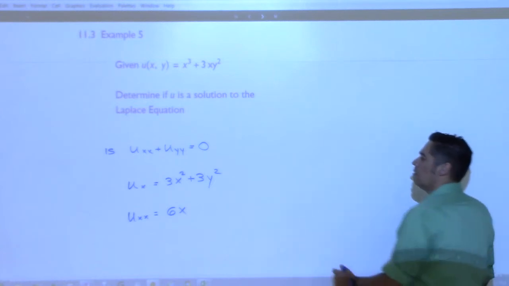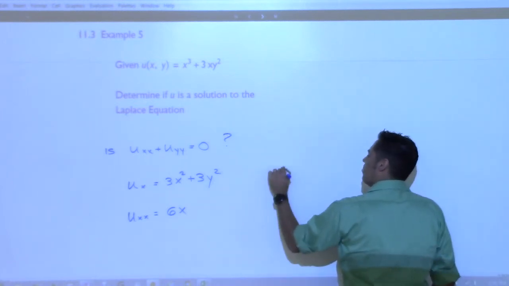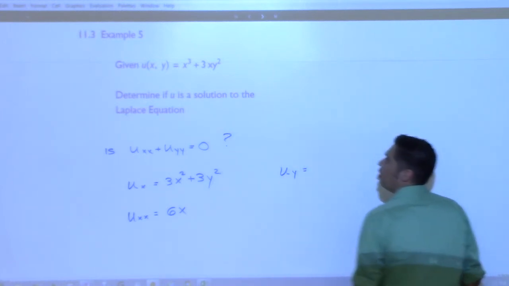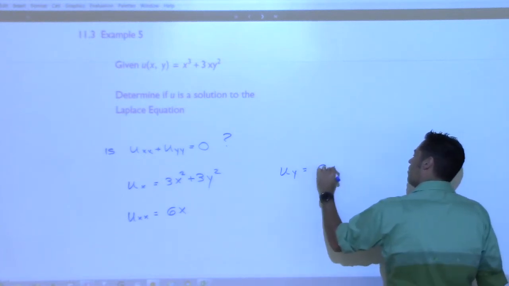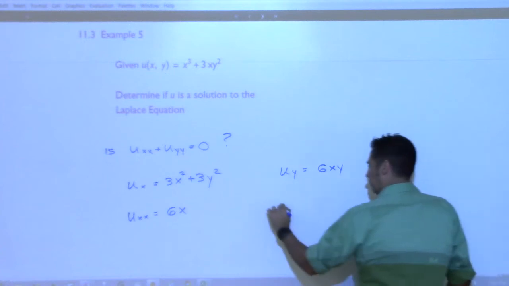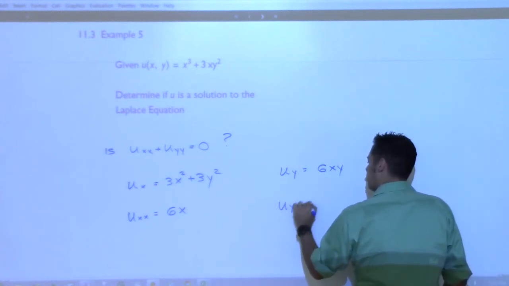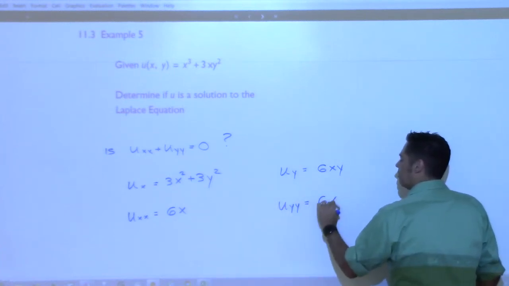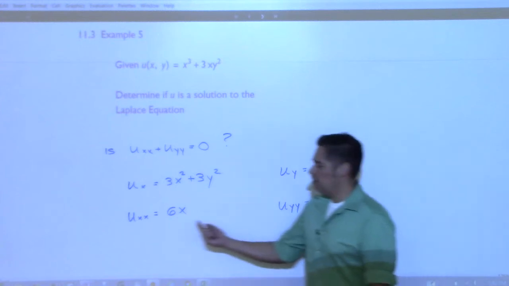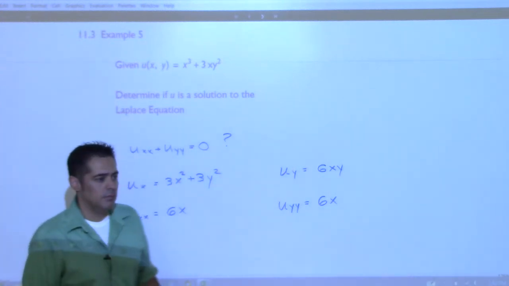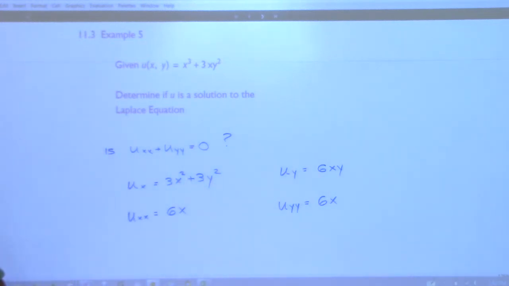Okay, now, what about uy? Partial of u with respect to y? 6xy. And then partial again with respect to y, you get 6x. Right? Now, if we add these up, do we get 0? No. We do not.